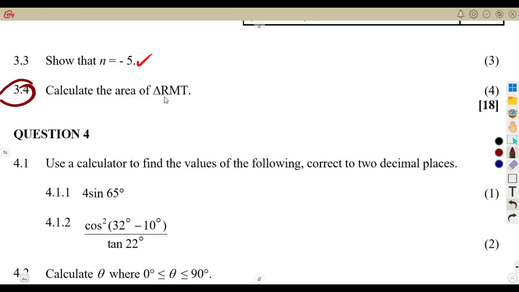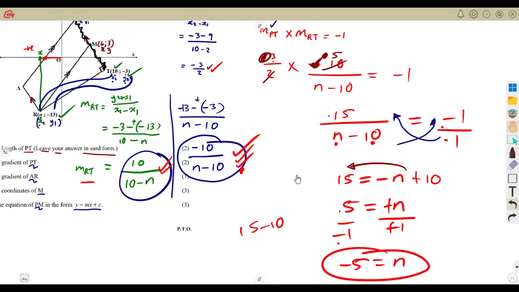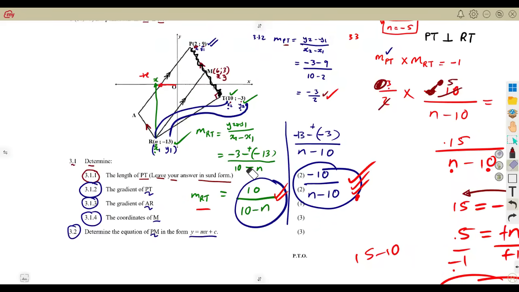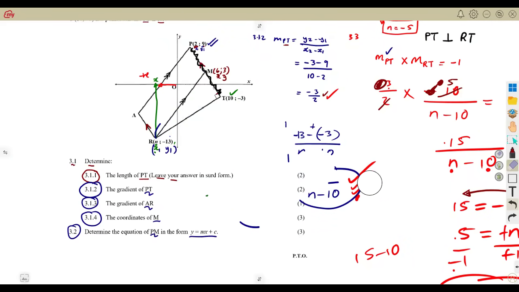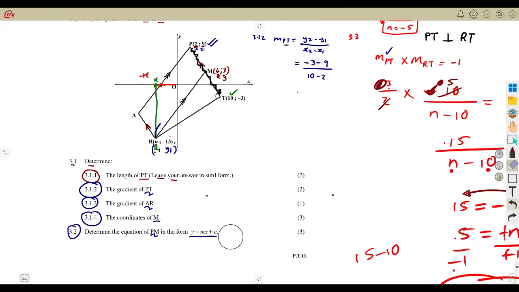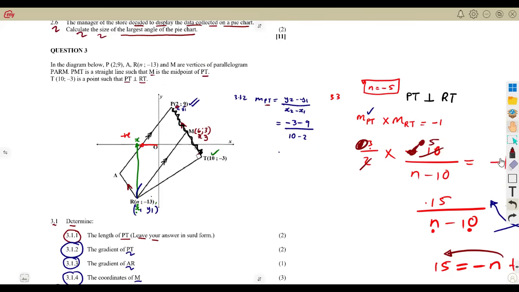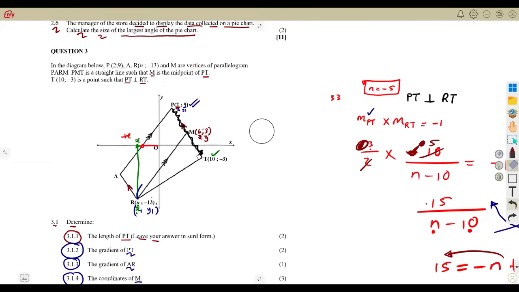Then calculate the area of triangle RMT. Remember, we just calculated now the value of n. So from that memo, because they were using the wrong value of n, their area also became wrong.